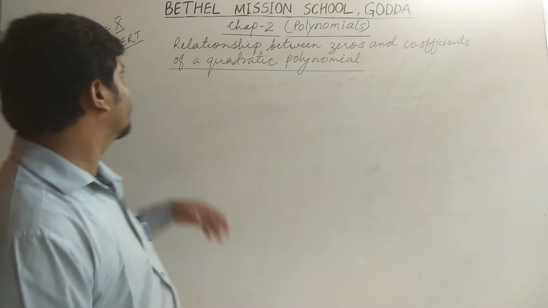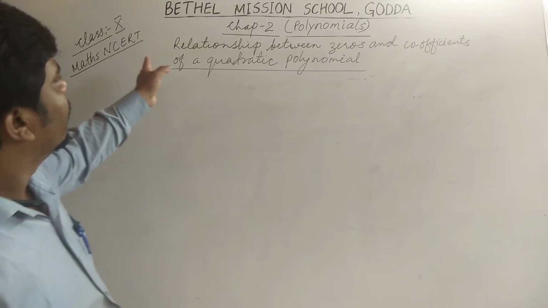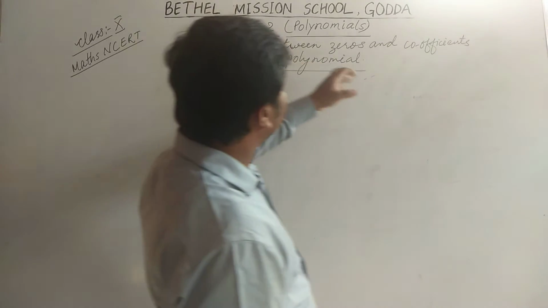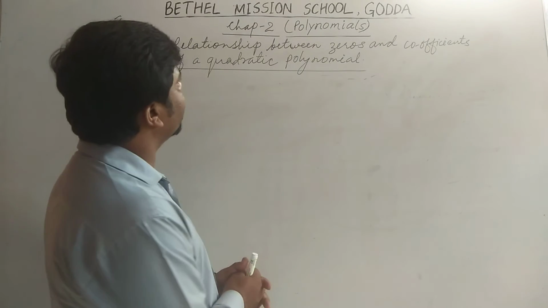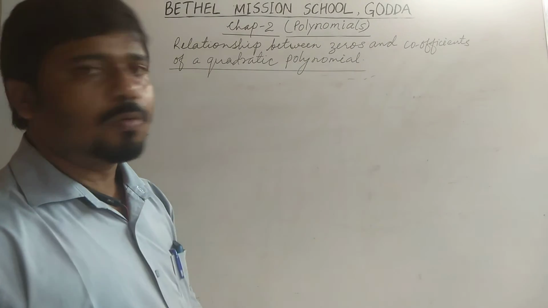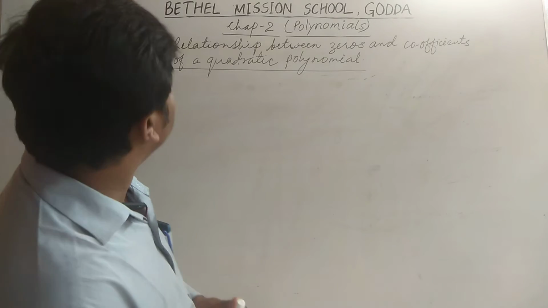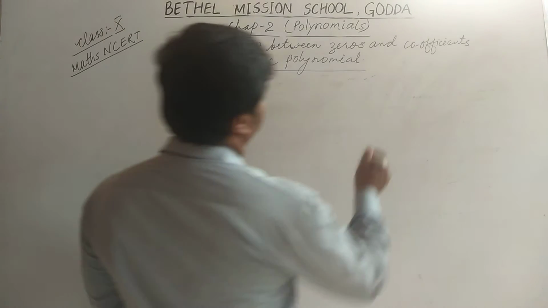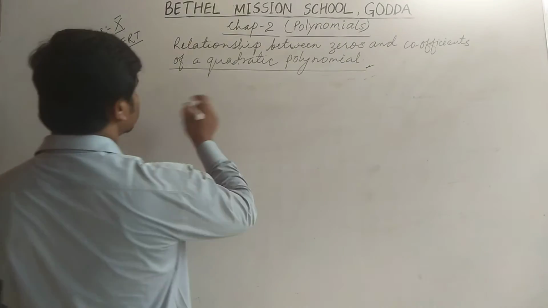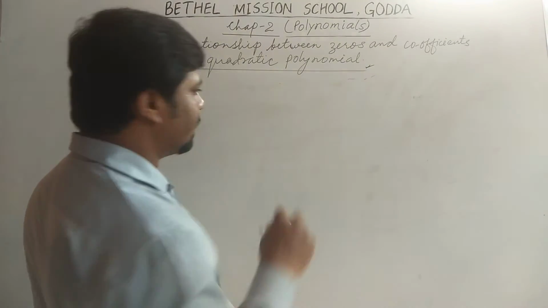Okay, children, now you see the relationship between zeros and coefficients of a quadratic polynomial. So what is the relationship between the zeros and coefficients of a quadratic polynomial? Let's see. First of all, we have to understand what the form of a quadratic polynomial is.